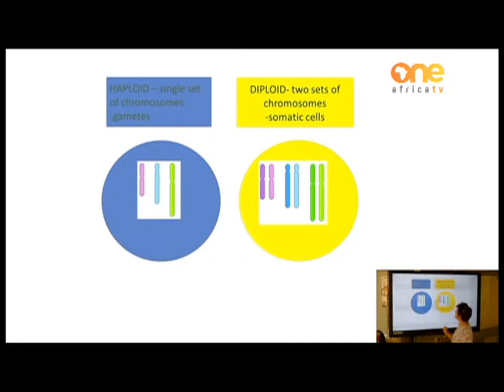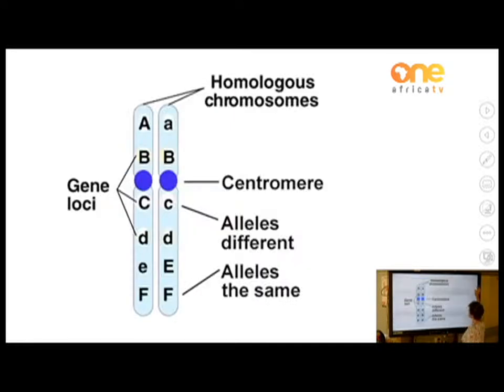But in a diploid nucleus there are two sets, both from the father and from the mother. Both gametes fused together, and now we call that a homologous pair.